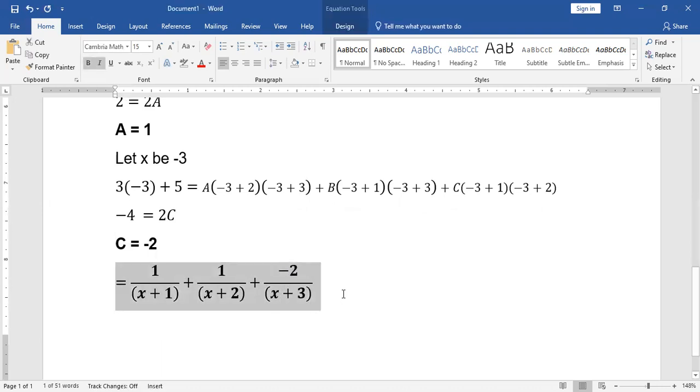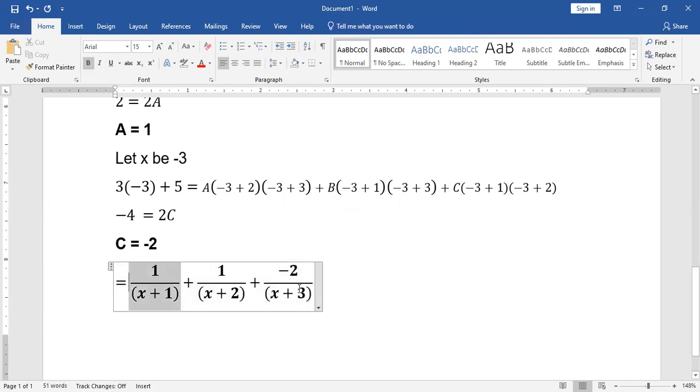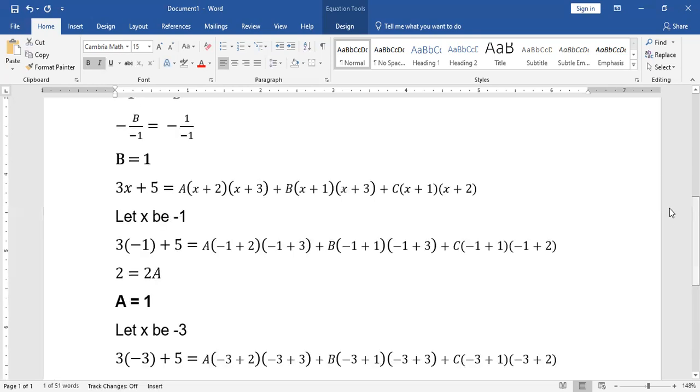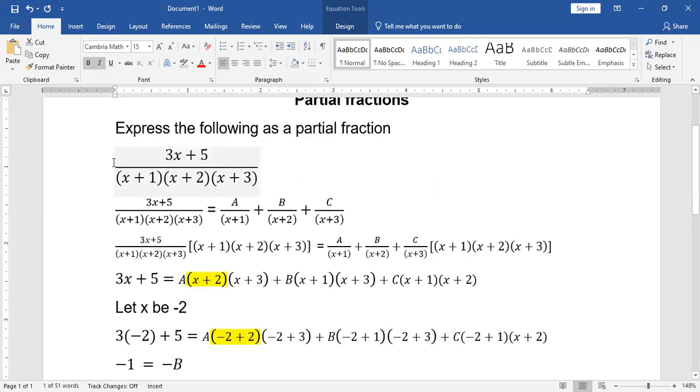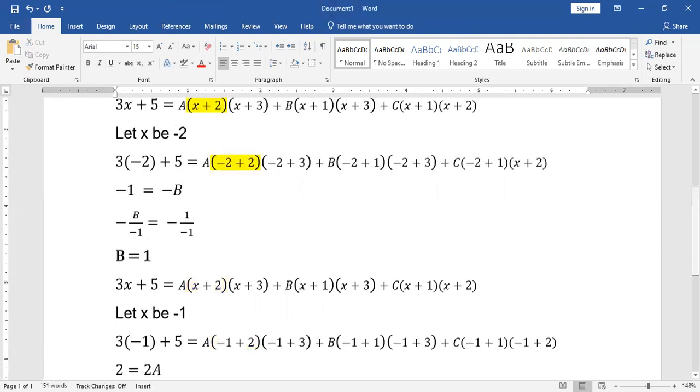That's how you decompose a partial fraction. Now, I can safely say when we deal with this, it brings us back to the original function, which is that. Let me prove that quickly before I end this video.